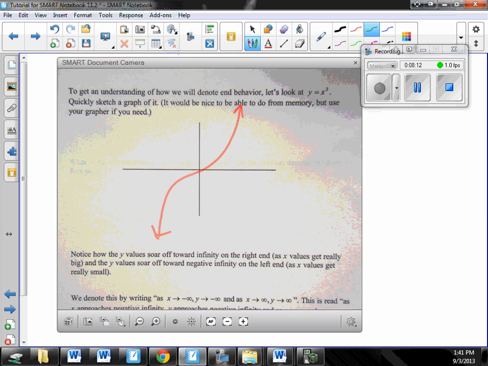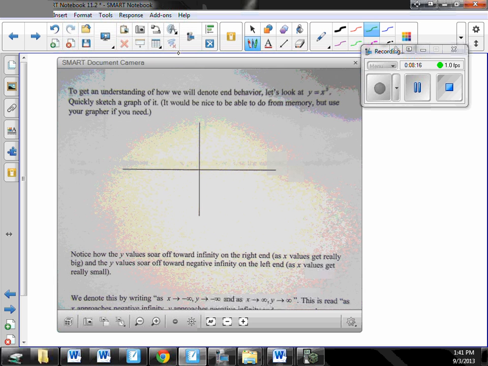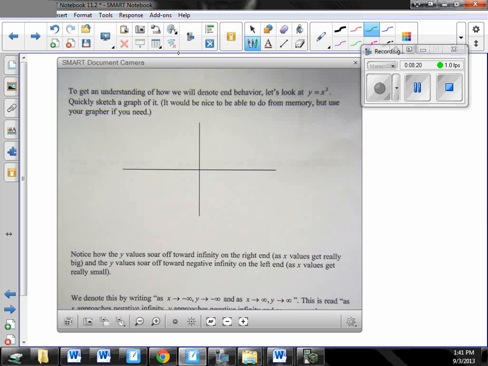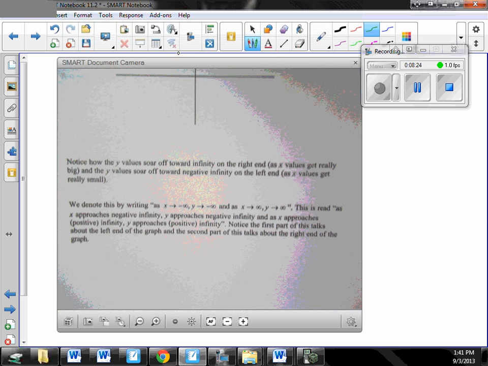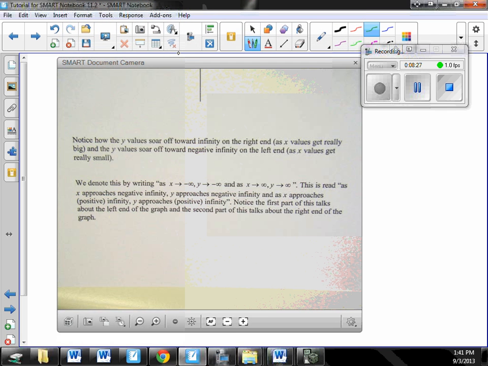We have to describe two things at once. We have to describe the x direction and the y direction at the same time. And we do that by writing: as x approaches negative infinity, y approaches negative infinity.